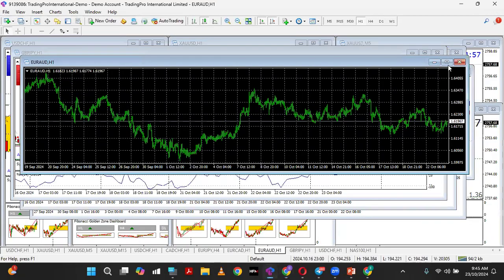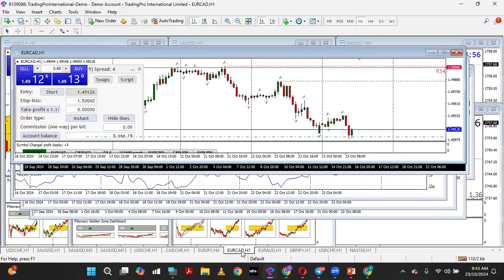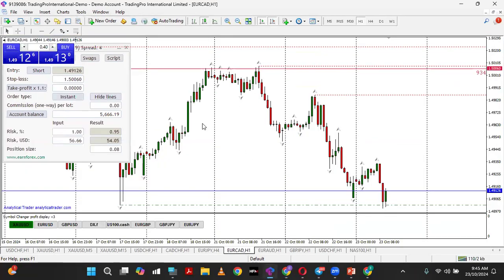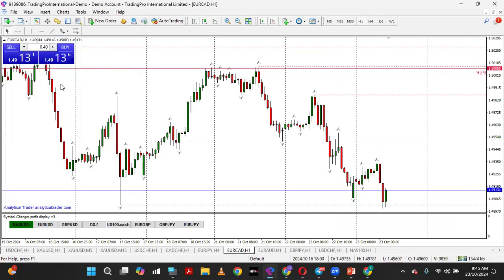There's almost no difference between the two prices because Trading Pro offers spread-free and swap-free services on their accounts. Are we all together? You ignore this last digit, it's called a pipette.